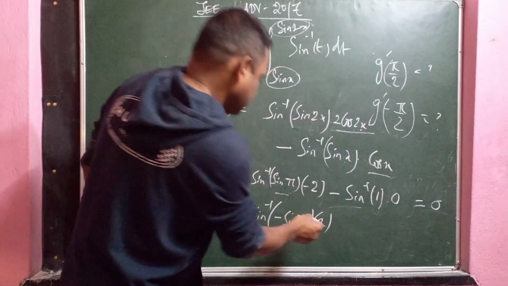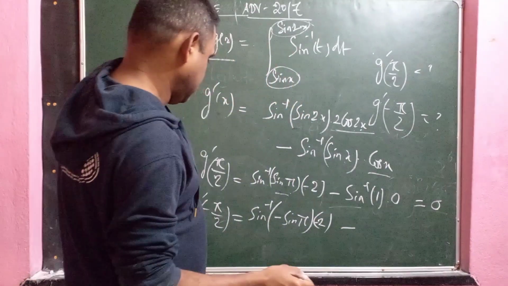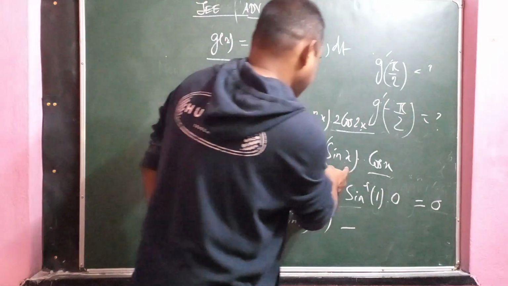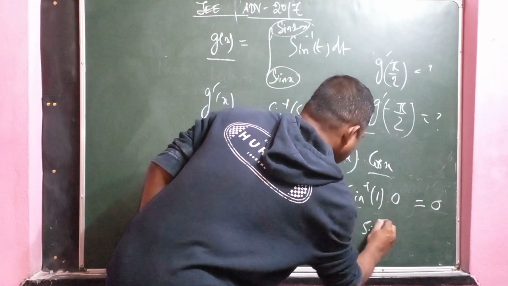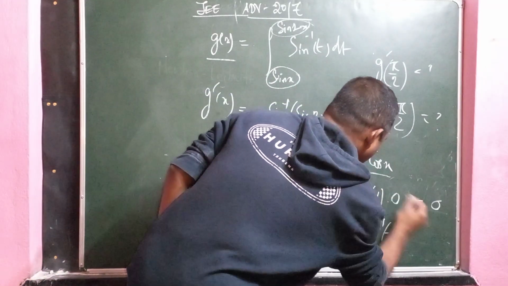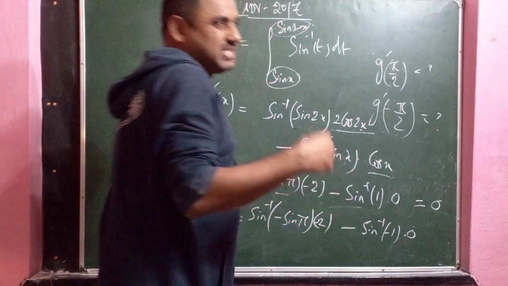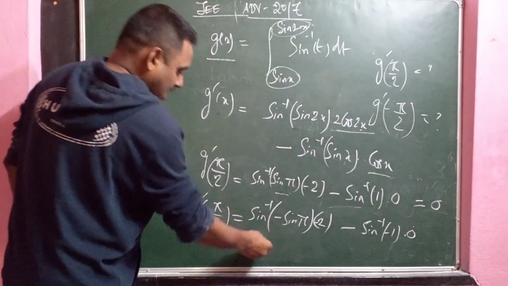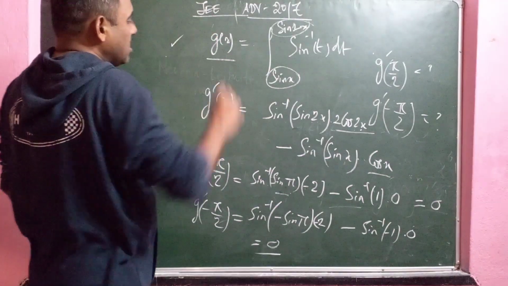Yes. So minus 2, minus sin inverse sin of minus pi by 2, that is minus 1, into cos minus pi by 2, which is again 0. So again this will be 0. So none of the options will match. This is a bonus one. It's very easy.